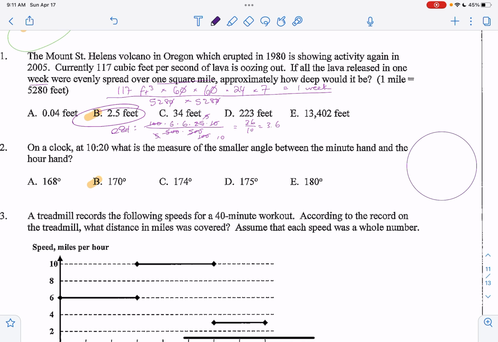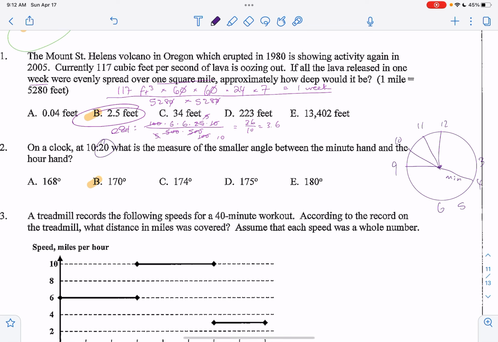So when you have 10:20, the minute hand will be at the 4. And then the hour hand will be between 10 and 11.